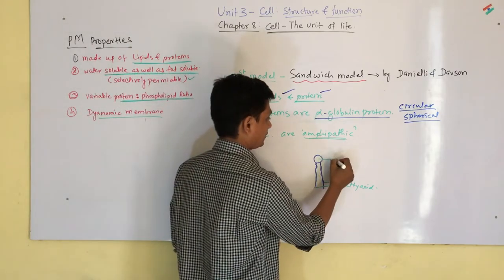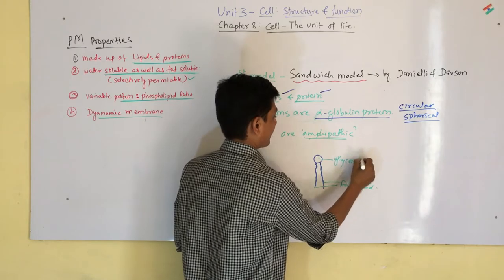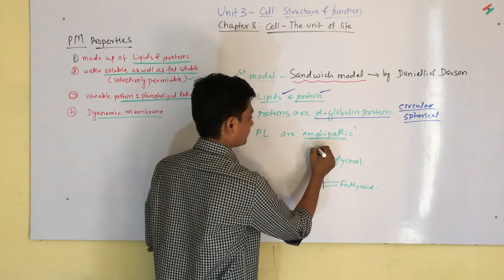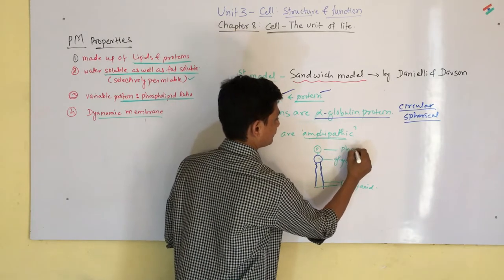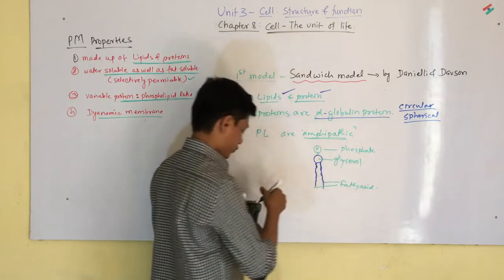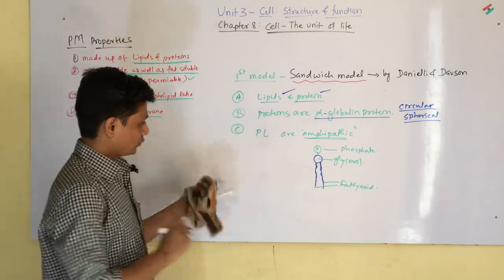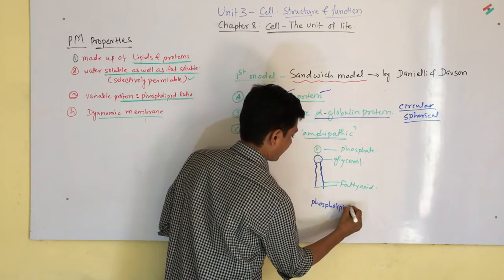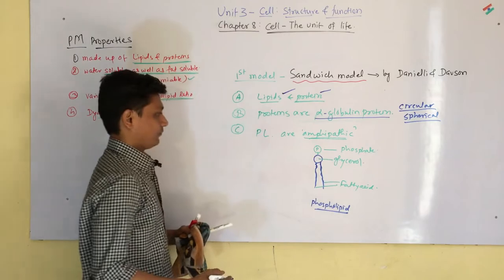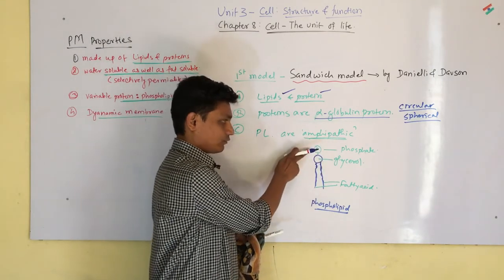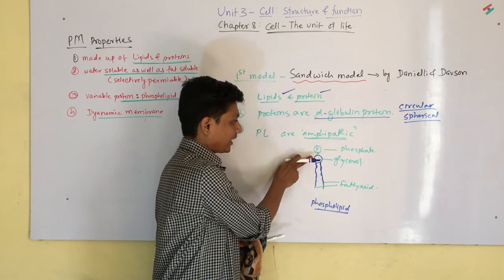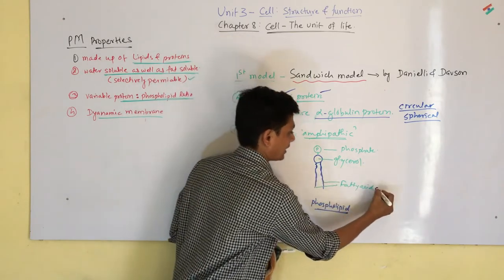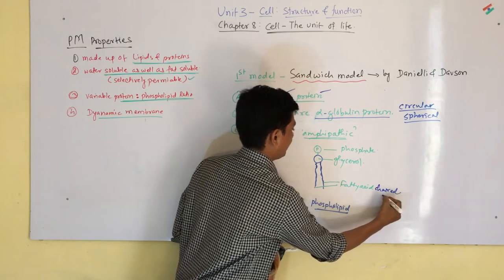This is the glycerol, and to this a phosphate group is attached. This is the phosphate group, and this whole structure is a phospholipid. A phospholipid is made up of a phosphate molecule, glycerol, and to that glycerol two fatty acid chains are attached.